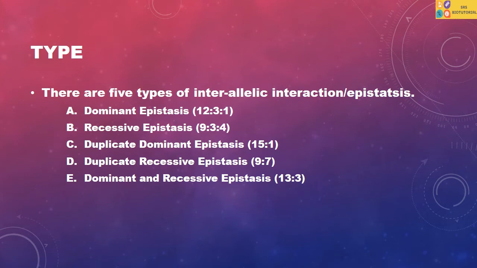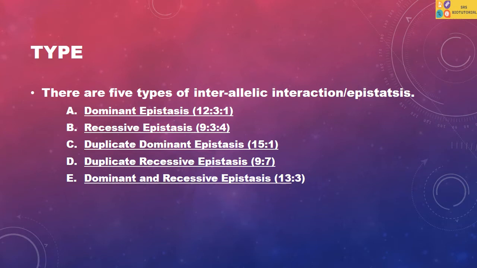Epistasis is classified into 5 types: dominant epistasis, recessive epistasis, duplicate dominant epistasis, duplicate recessive epistasis, and dominant recessive epistasis. In this video, we will discuss dominant epistasis and recessive epistasis.